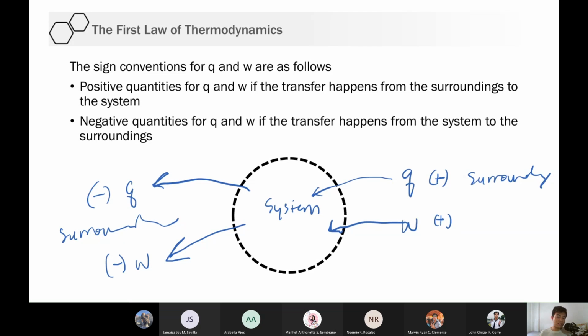Think of it as your wallet. If I give you 500, what happens to your wallet? Plus 500. So your system, plus 500, because the surroundings, I, gave 500 to the system, which is you. So that's positive for you.